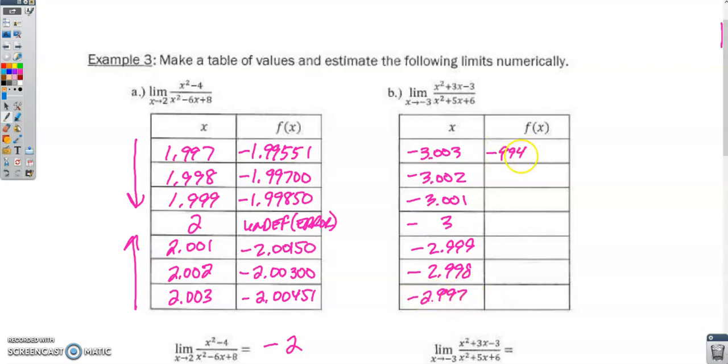And we've got all kinds of numbers flying in here. And then we get that undefined again.